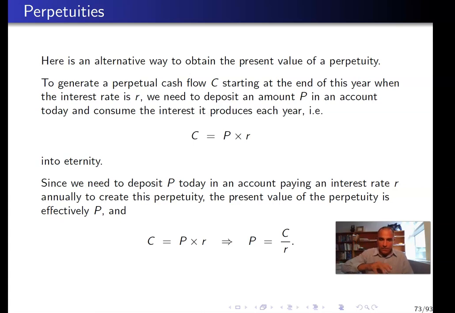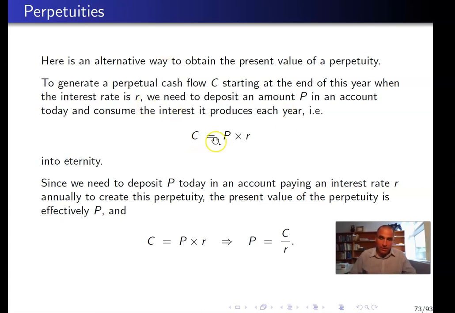So P stays in the account. I never touch the principal, and I just consume the interest forever. So what is the cost of creating such a perpetuity? The cost of creating this perpetuity is P. So I have to deposit P today, and I get my perpetuity.